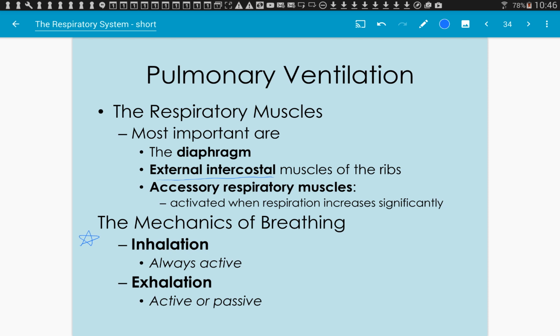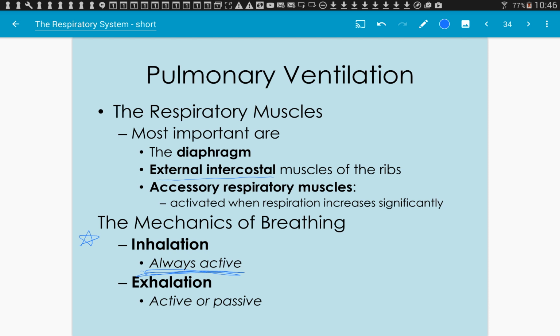So you inhale, you're contracting the diaphragm, which right away is using energy, it's using ATP. You also have your external intercostals and other muscles that are also working to increase the size inside the thoracic cavity. So inhalation is always active. Exhalation can be active or passive.